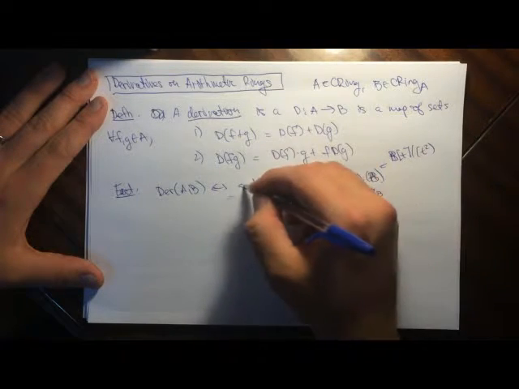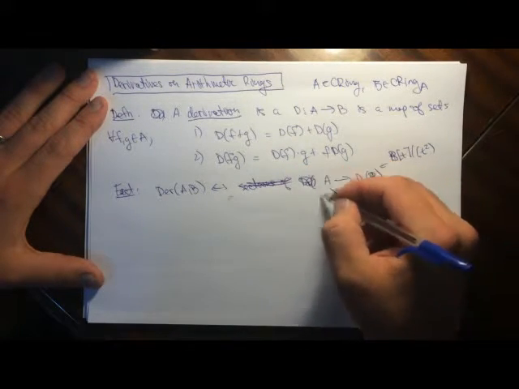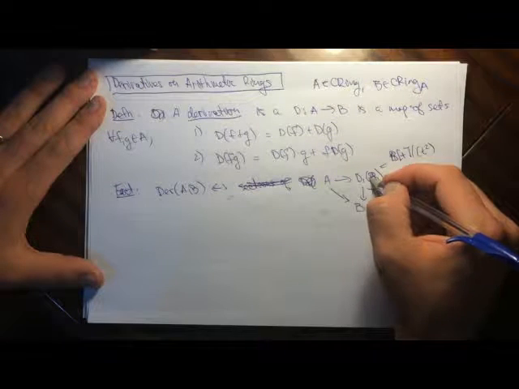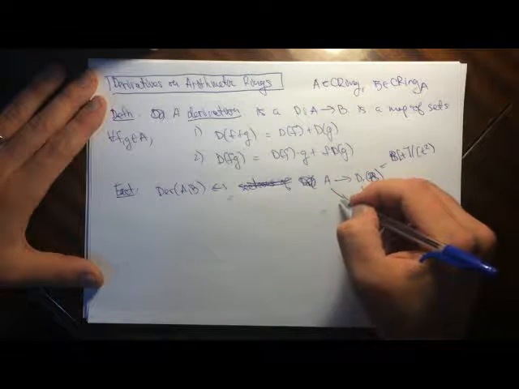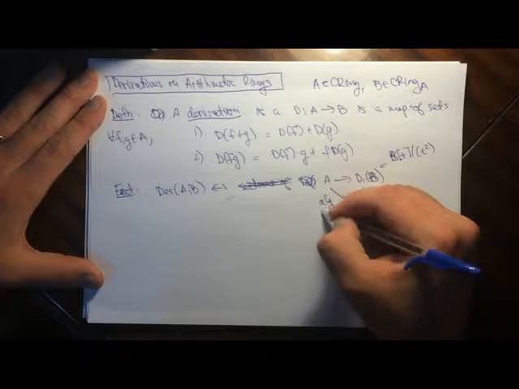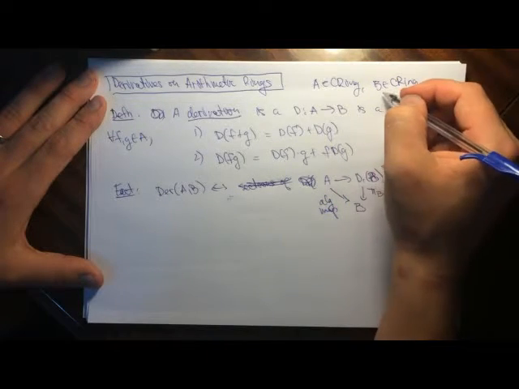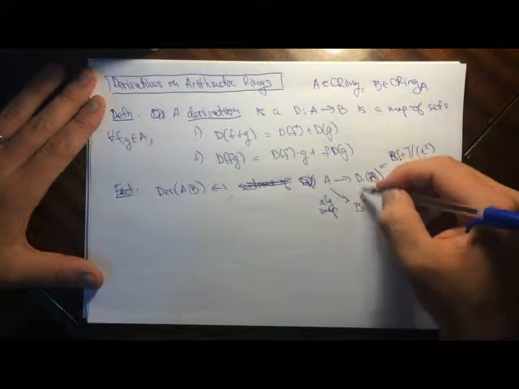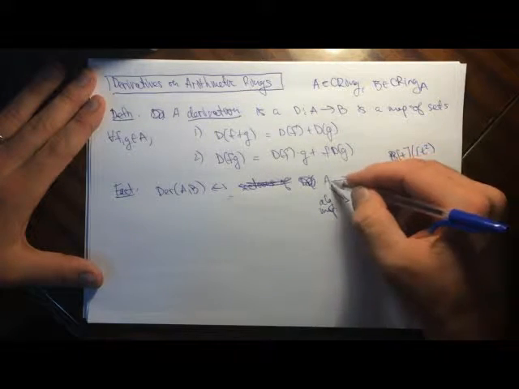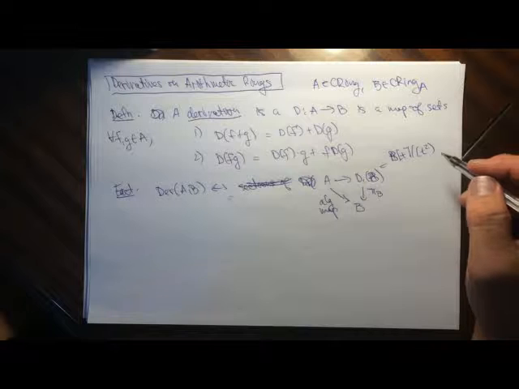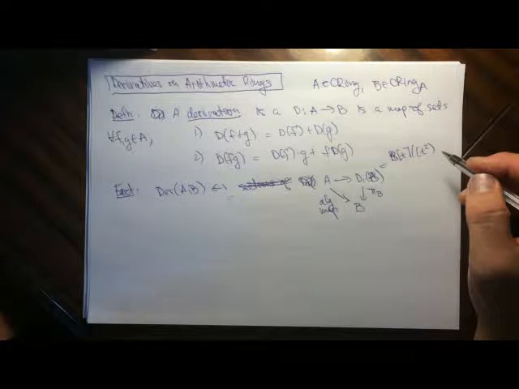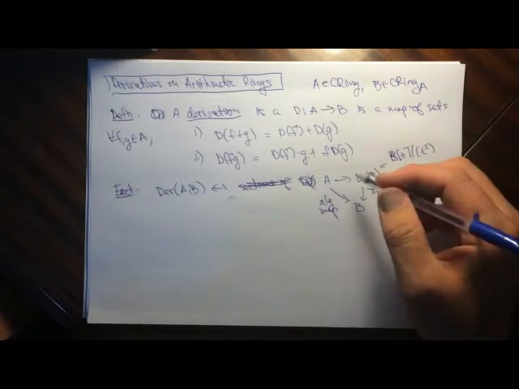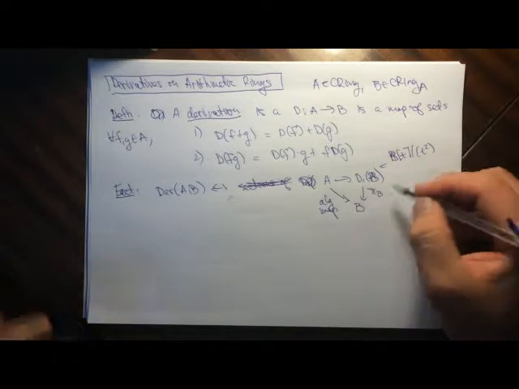So that's a section. Let's say they're ring homomorphisms from A to here, such that this diagram commutes, and this is the algebra map. This is the thing that is naturally given here. So it's almost like a section here. So this is what a derivation is.